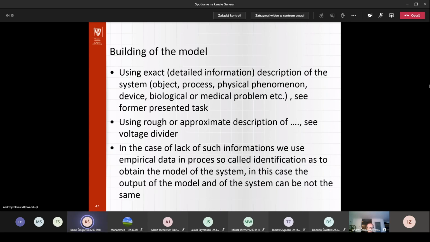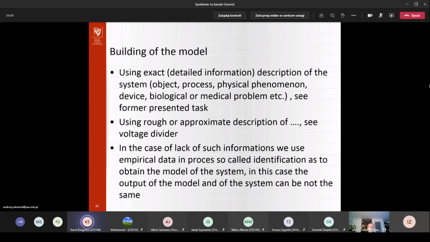The best model which we can get is the model we derive from a precise description of the system. Like in this electrical circuit I presented in the first class, the first lecture.